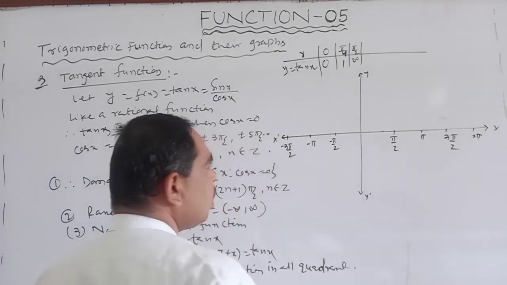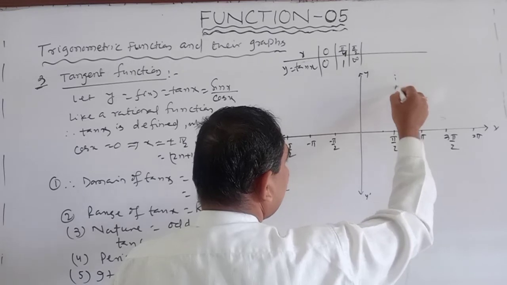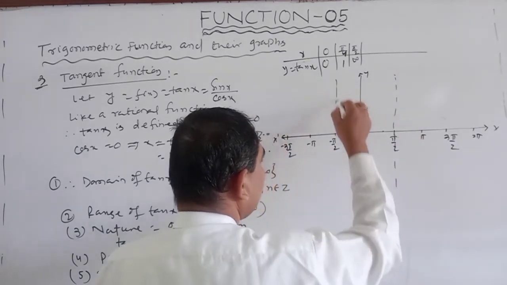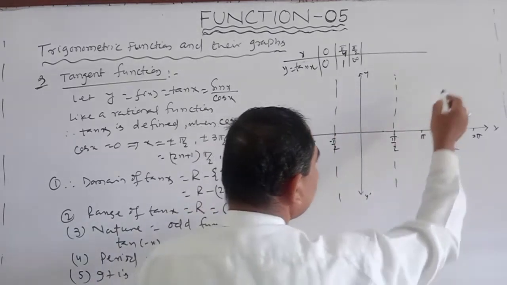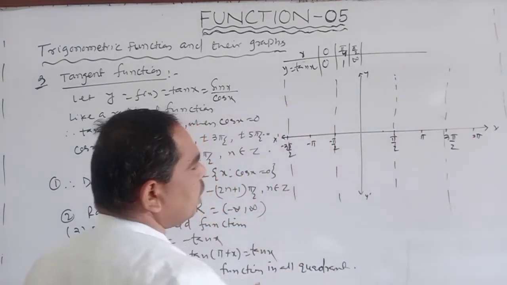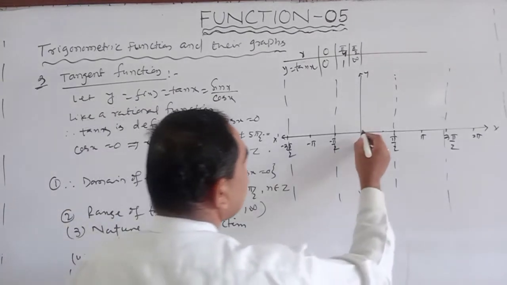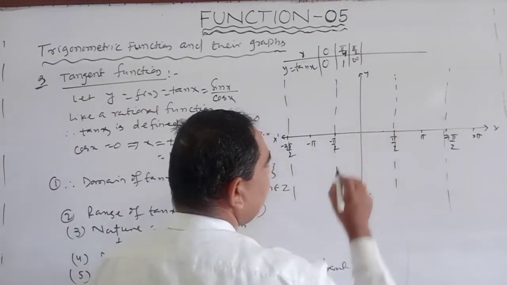So at every odd multiple of pi by 2, cos is not defined. So at pi by 2 and minus pi by 2, and at every odd multiple of pi by 2, cos 0 means tan is not defined. Every odd pi by 2, tan is not defined.